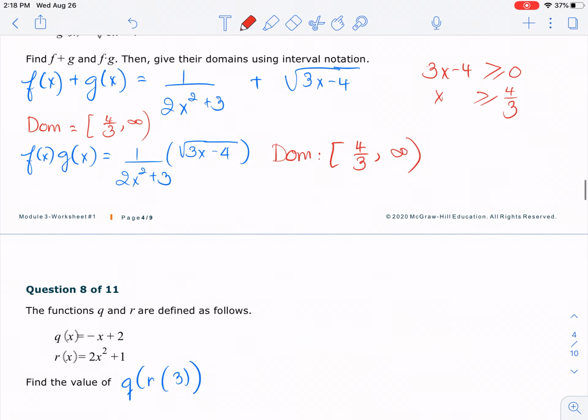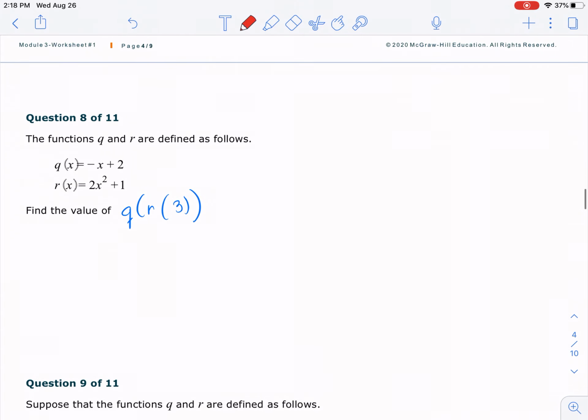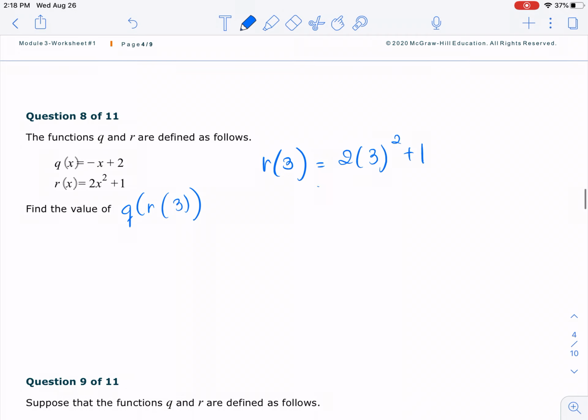Okay, moving on to number 8. So for number 8, this is something different. So this one right here, you're taking care of the composite. So we need to find Q of R of 3. So what you want to do is you want to evaluate R of 3 first. So I'm going to do R of 3, which is 2 times 3 squared plus 1, which is 19.